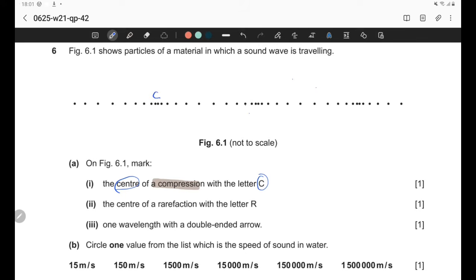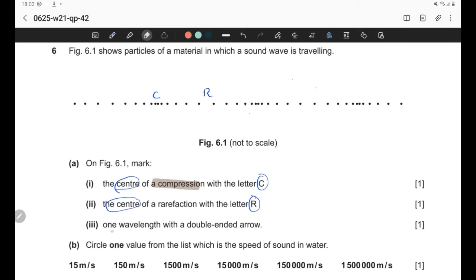Part 2. The center of the rarefaction with letter R. So rarefactions are the regions where there are fewer particles. So these points are rarefactions. Now we have to mark with the letter R at the center. So we can mark here as R. So this point is rarefaction.